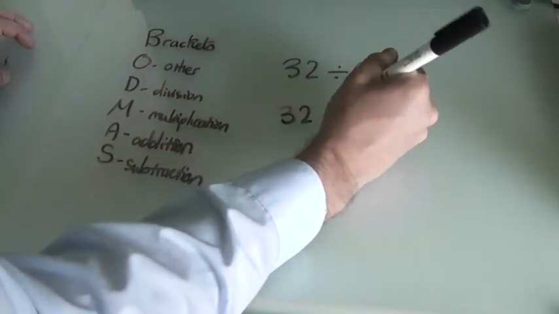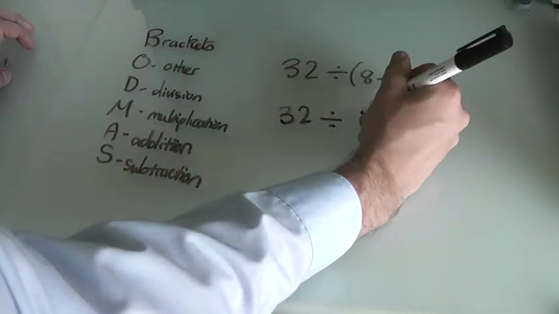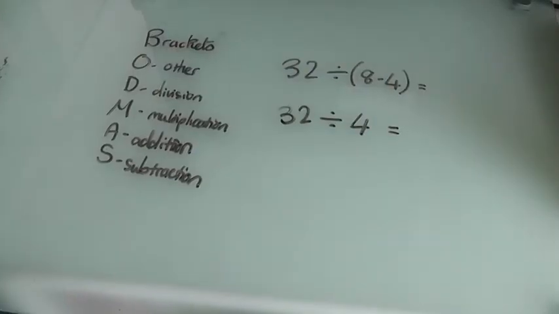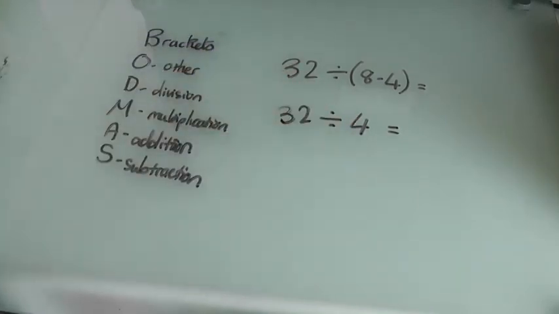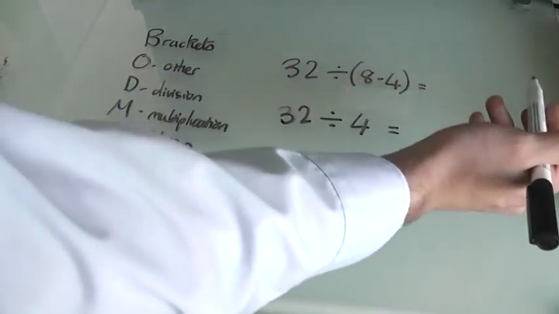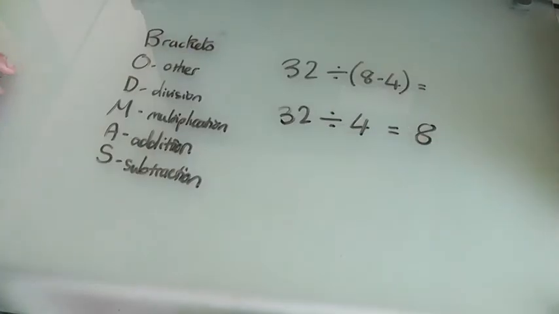You still leave the 32, but you're dividing by 8 take away 4, which is 4. Now have we got any other operations to do in this new calculation? No, apart from division. So we do 32 divided by 4, which gives us our answer of 8. Okay, and there is your answer.